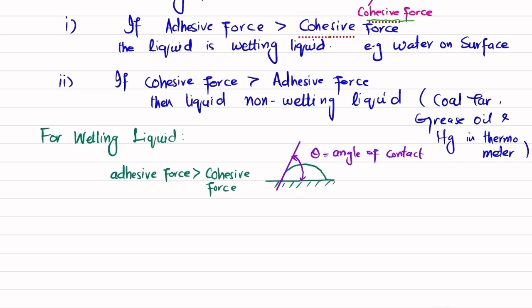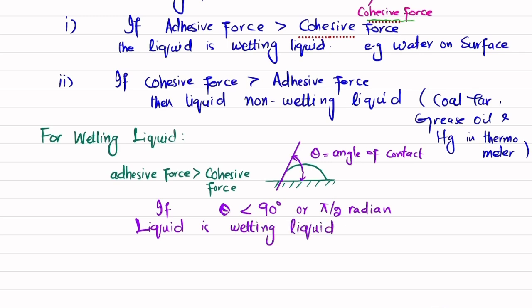Clear? Now the criterion is that if the angle of contact theta is less than 90 degrees or pi by 2 radian, this liquid is a wetting liquid.